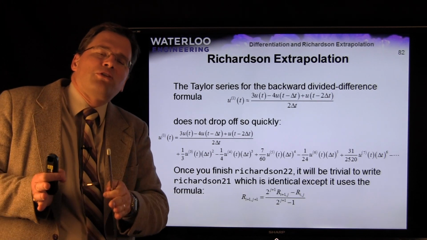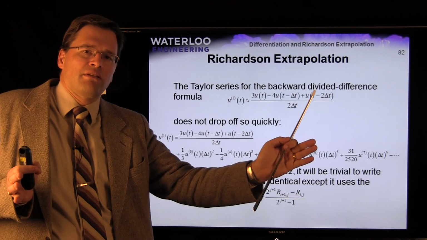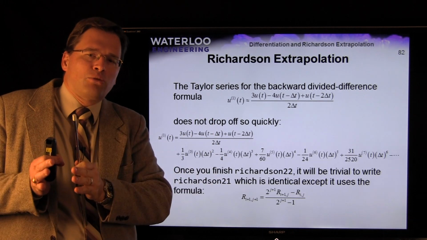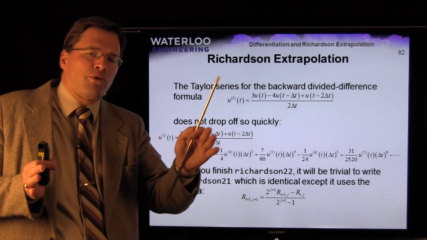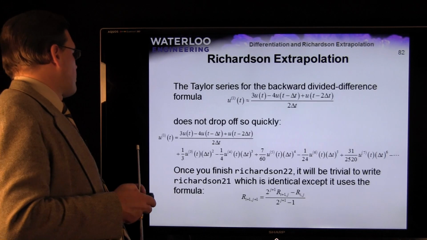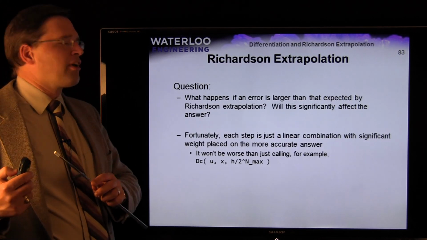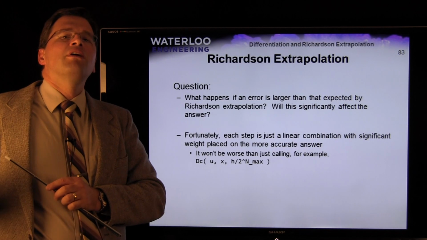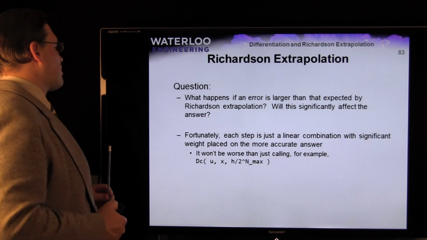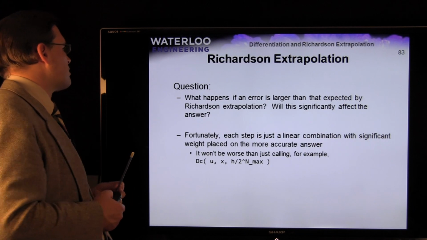So now the error terms are not dropping off h squared, h to the 4th, h to the 6th, but now h squared, h cubed, h to the 4th, h to the 5th, h to the 6th. So you're going to have to create a different function that works for Richardson extrapolation with this pattern for the backwards divided difference approximation.